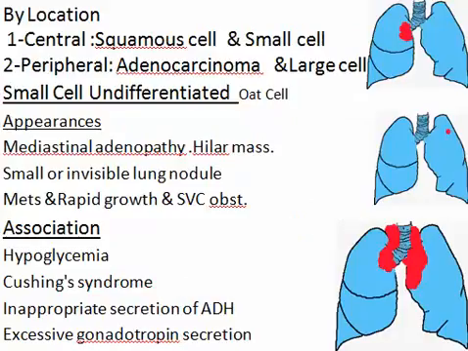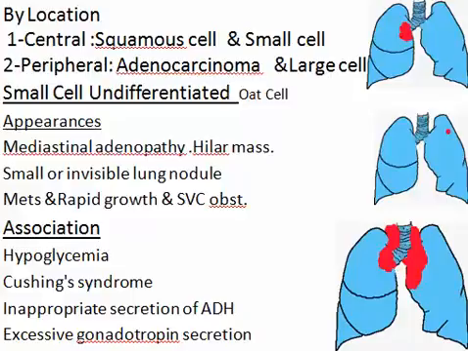By location, we have central bronchogenic carcinoma and the peripheral bronchogenic carcinoma. The central are two types, either squamous cell type or small cell type. The peripheral is adenocarcinoma and large cell type. So it is simply central squamous and small cell, and the peripheral is adenocarcinoma and large cell carcinoma. What is the small cell carcinoma?